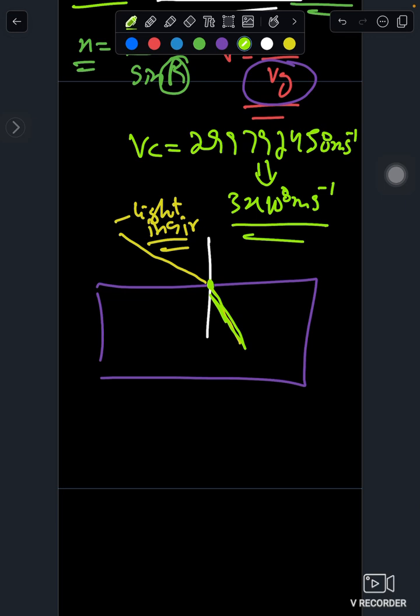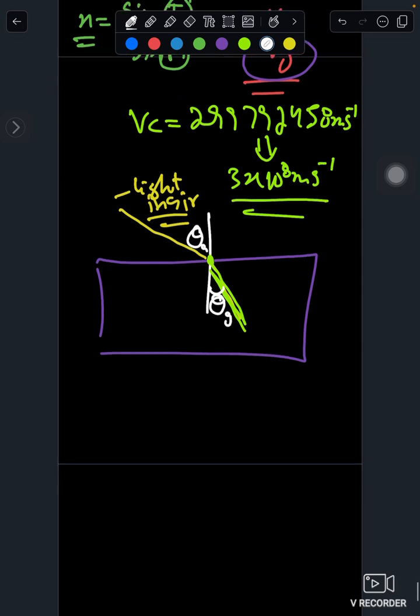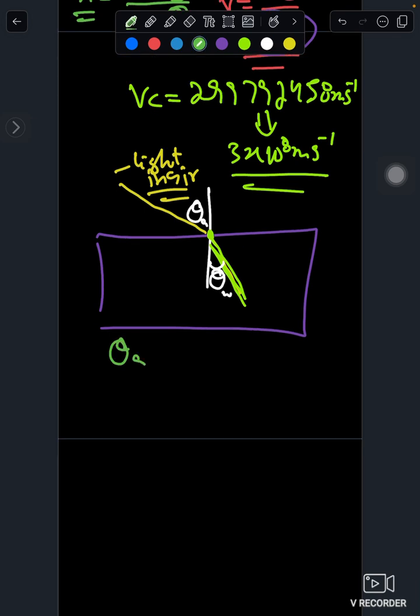So we can say this theta and this theta, this is air and this is glass or water. So sine W is less than sine A, as the speed of light in air is more.